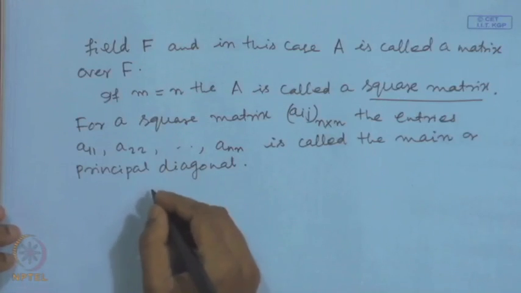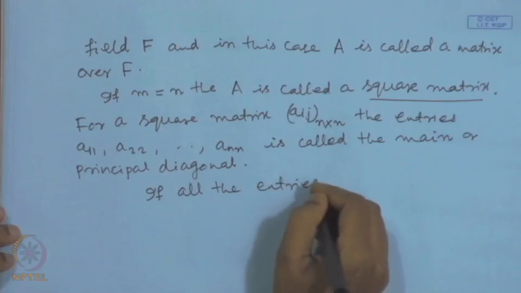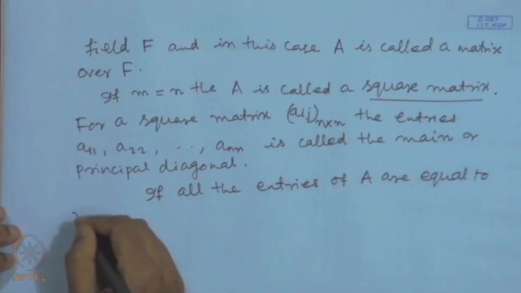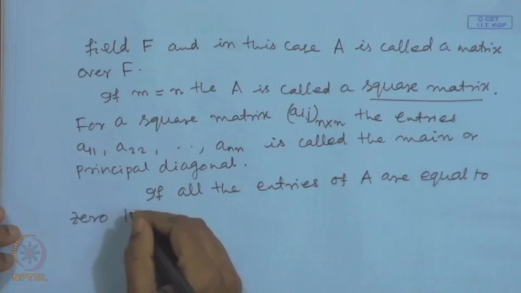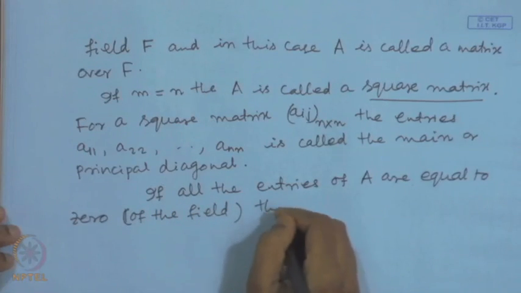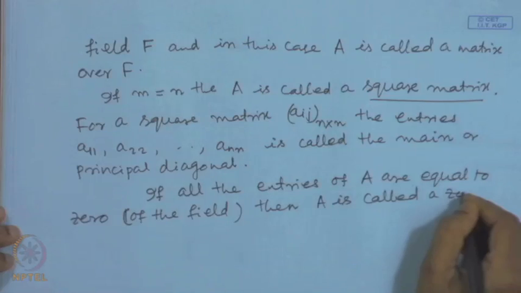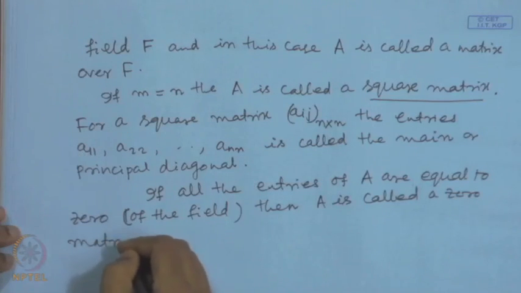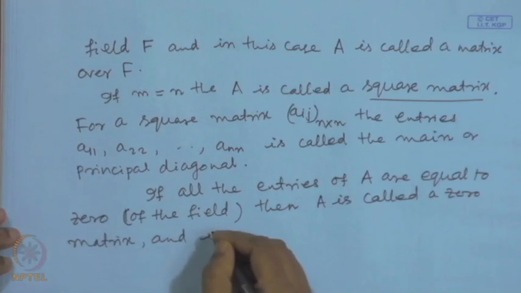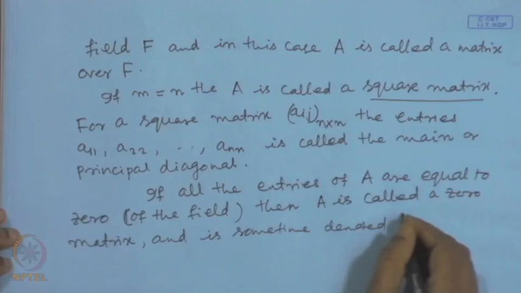Again, if all the entries of A are equal to 0, this 0 being the 0 of the field, then A is called a 0 matrix, and is sometimes denoted by 0.